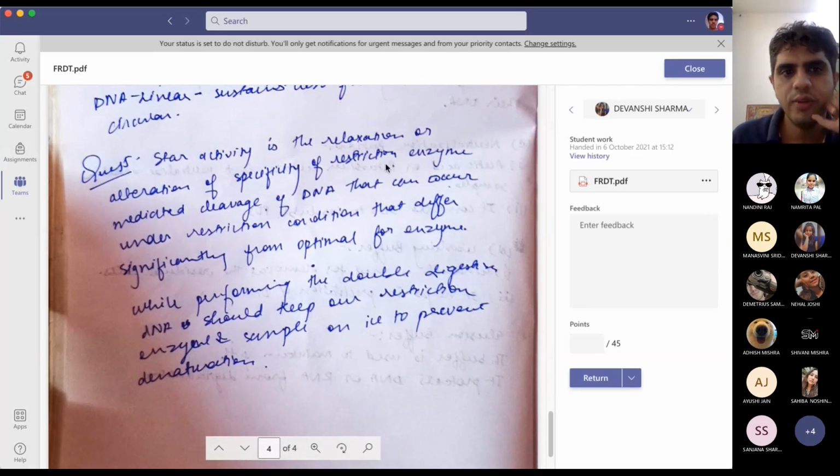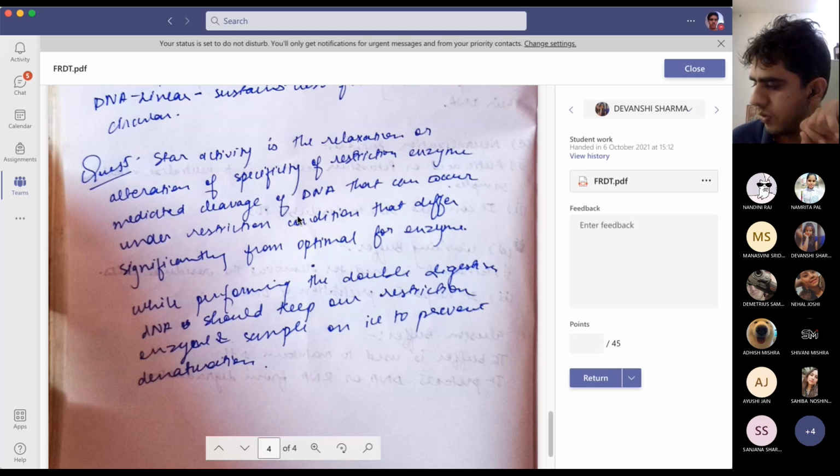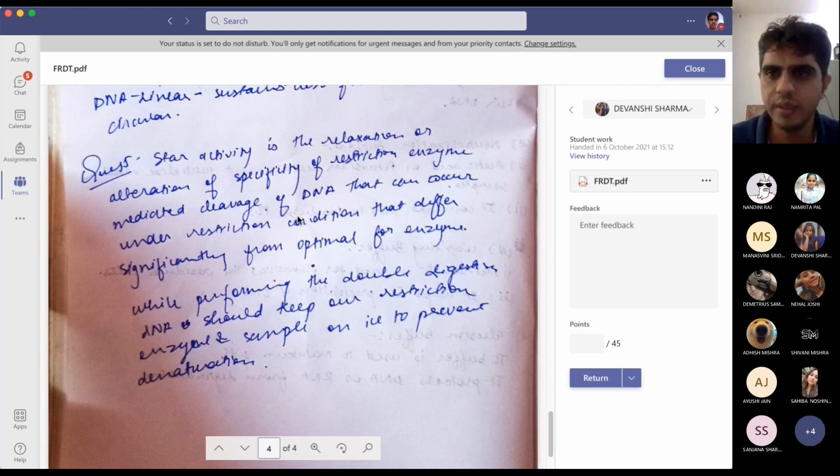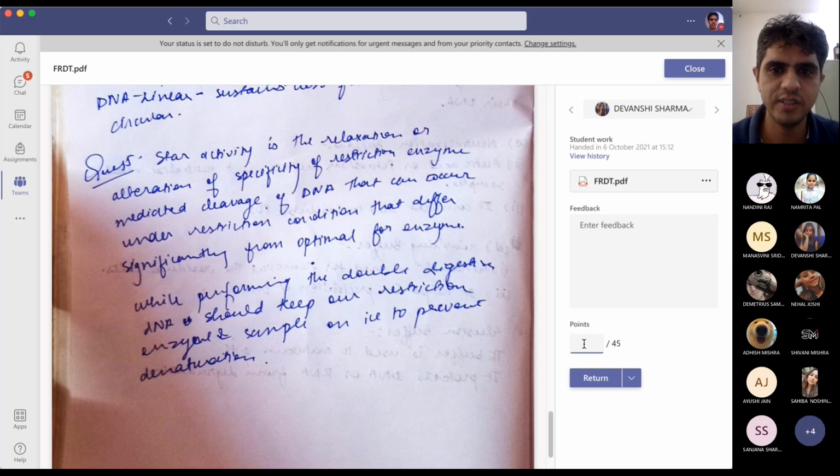So one part is right, one is wrong. It's 2.5. So your total is going to be 8, 10, and 4, 14. 14, Devanshi, is 14. What do you think? Is there any question where I gave you less marks? Would you like to defend?